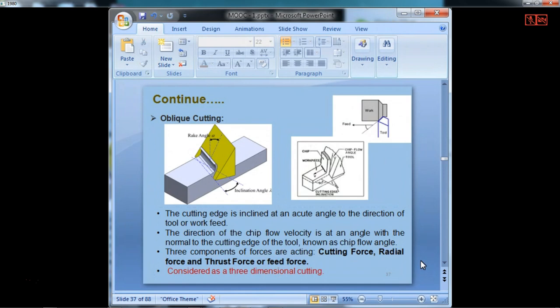Now, whenever we have a turning process happening, maybe in your colleges, if you have a 3-axis or 3-component dynamometer, you can mount your tool on that and do the cutting process. You will find that the cutting force will be maximum, and then the radial force and thrust force will also be there. It is not zero.